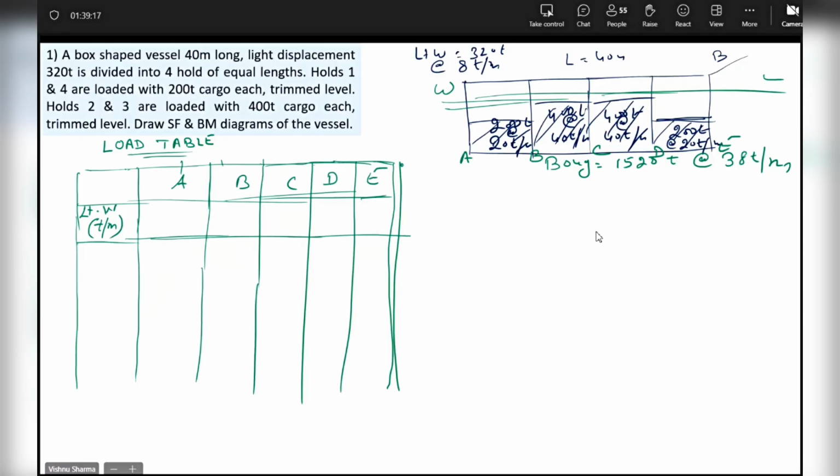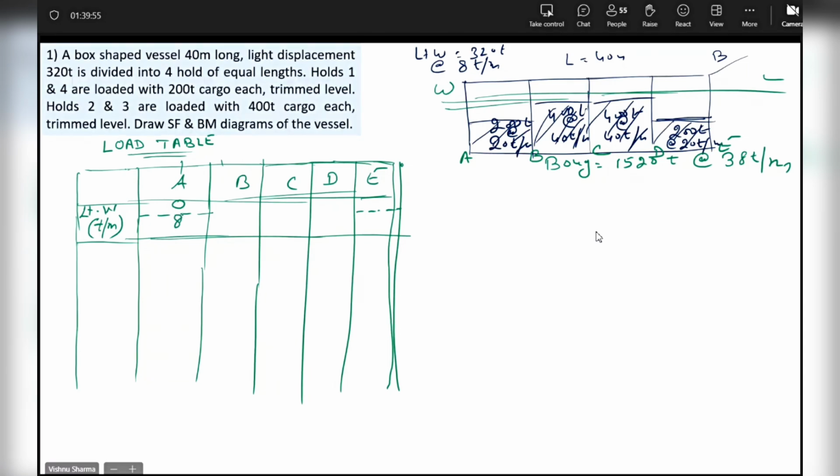For light displacement, we will divide the first and the last point into two parts. Why? Because to the left of A there is no ship, so there is no question of light displacement. The moment I reach right of A, the change is taking place from 0 to 8. Just to the right of A, it becomes 8 tons per meter.